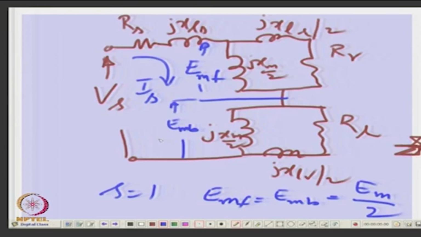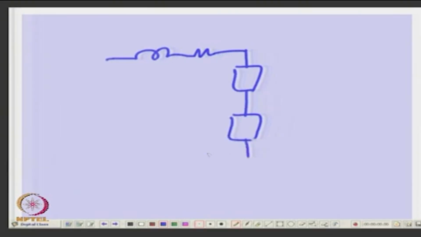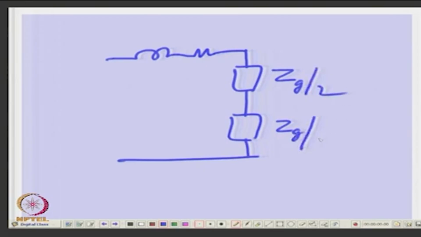The impedance, it is basically a circuit you have done. Whatever was earlier the air gap impedance, this is what I have made.